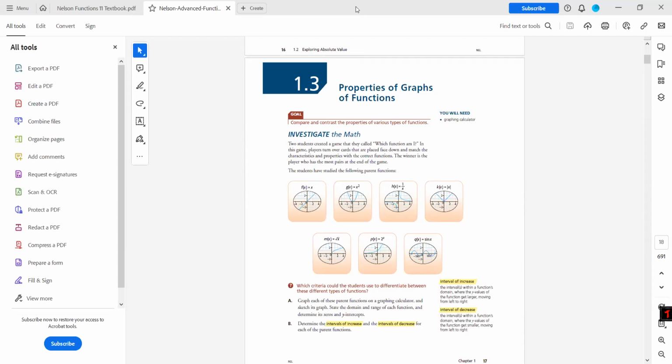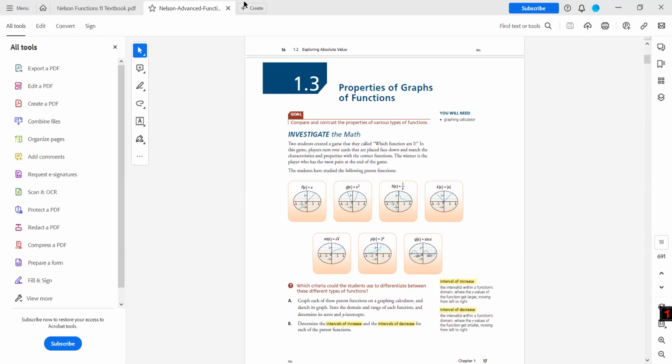Today we're going to start with not so complicated topic in our program. Today we're going to discuss properties of these graphs in particular. Remember, in previous course, you learned how to sketch these graphs. You learned how to solve equations with those functions.